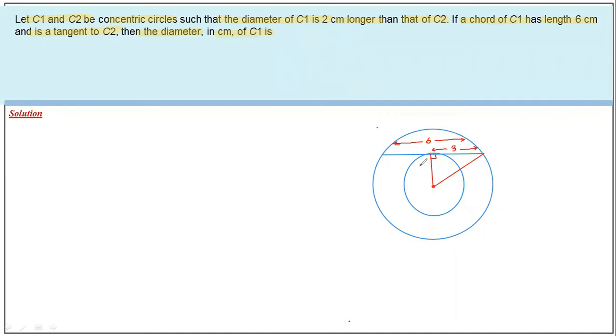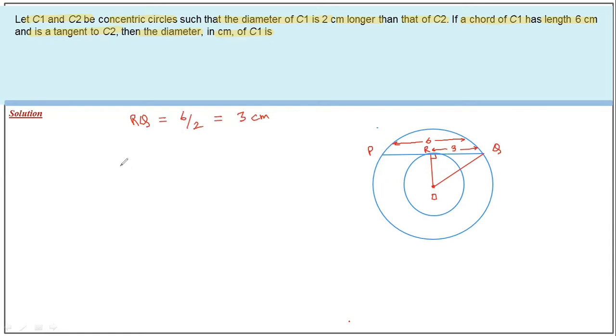Okay, so let this be the two concentric circles and let this be the chord PQ. Let the center be O and this point is R. Then we have length of RQ as 6 by 2, that is equal to 3 centimeter.